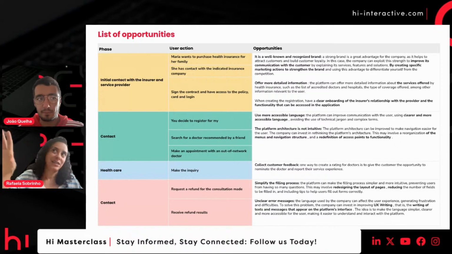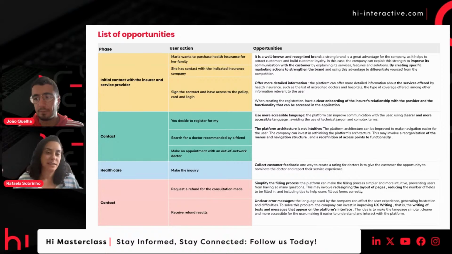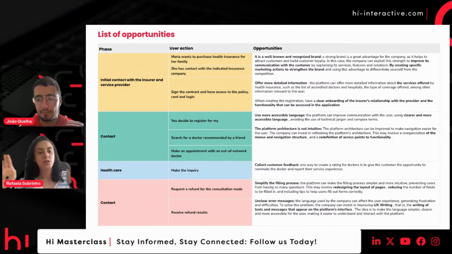Then with that kind of table we can communicate which steps you need to change, and here you have a roadmap of what you need to do to achieve a better platform quickly.